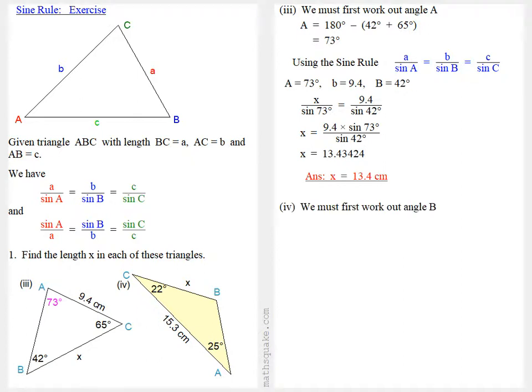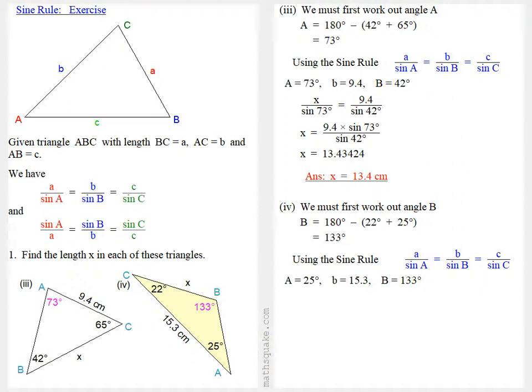Now that's not given, but we know the angles in a triangle add up to 180, so that angle is 180 minus 22 minus 25, and that's 133 degrees. So we can then use the sine rule, a over sine A equals b over sine B. A is 25 degrees, the side b is 15.3 centimetres, and the angle B is 133 degrees.